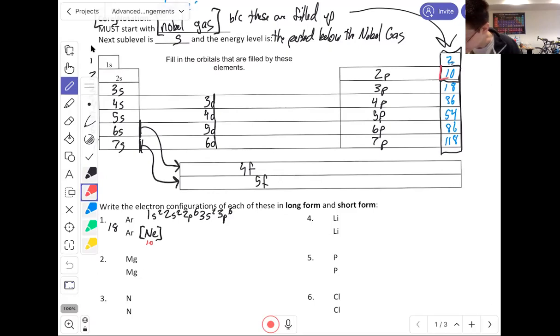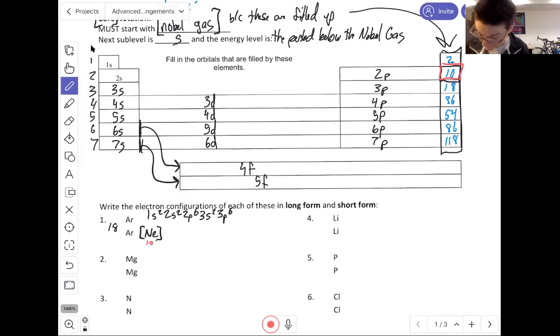That neon in brackets is storing my first 10 electrons. Neon is right here. So the next thing after neon is going to be 3s. So the rest of my configuration would pick up there: 3s2, 3p6. So I have essentially stored that part of the configuration in these brackets.